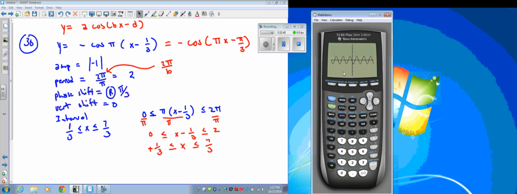Now this is saying that from 1/3 over to 7/3, I should have that interval.